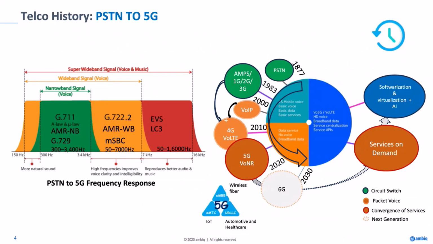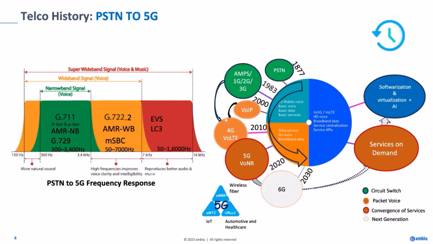Once 5G came, instead of using separate speech coders for voice and audio coders for music, people started thinking, can I use the same speech coder for both music and voice? And that's where EVS on the cellular side comes in, which is basically a super wideband, where you can send both music and voice using the same coder.